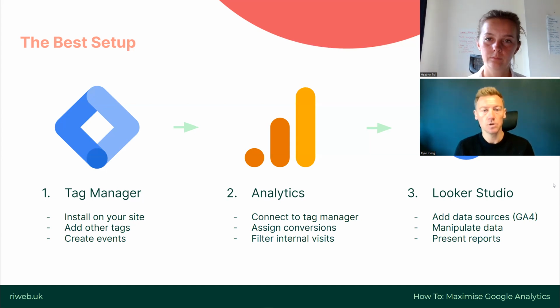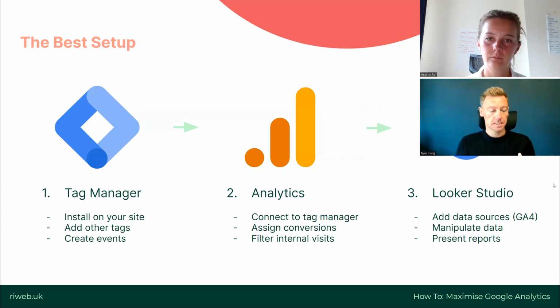But for now, it's just important that you know that you need to turn the right conversions on within Google Analytics. We also want to filter visits by you or your team or your colleagues, etc., from the data, because otherwise this can skew some of the data depending on how much traffic you get. So it's important that we filter this out.